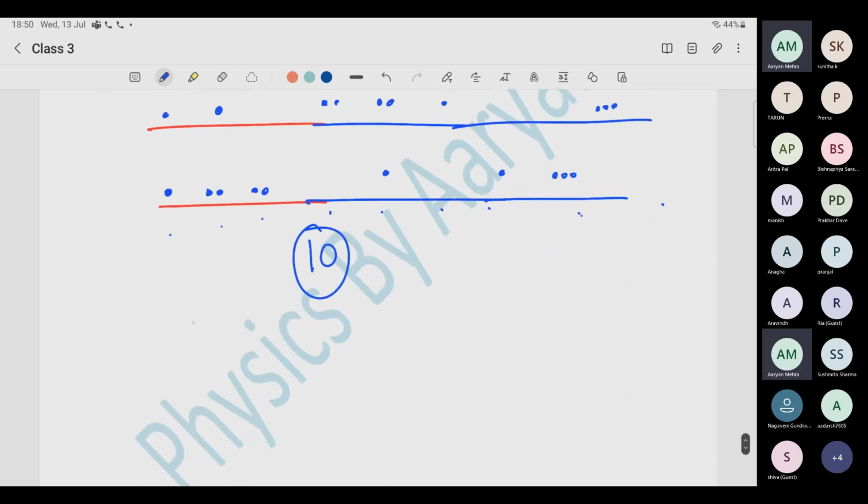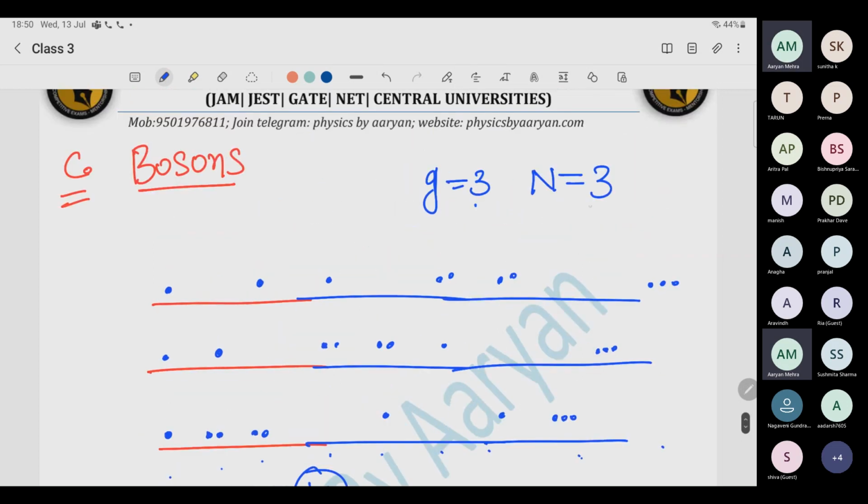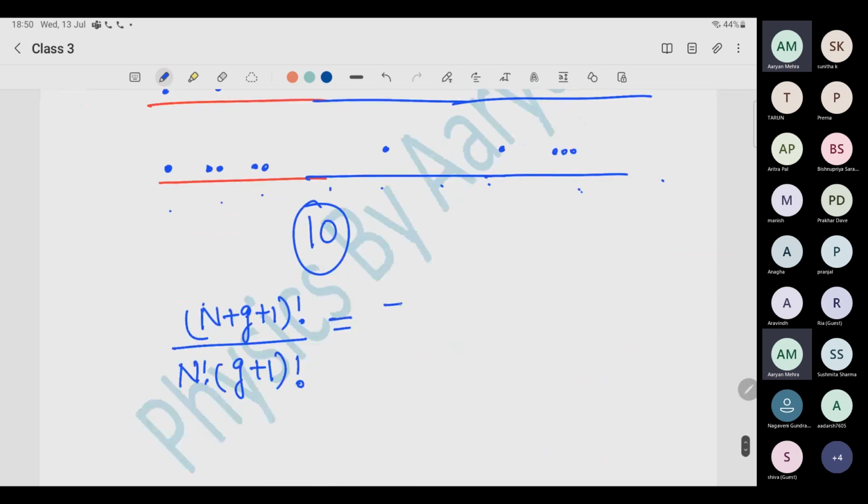Okay. And the formula is n plus g plus 1 factorial, divided by n factorial times g plus 1 factorial. So what is n plus g plus 1? 3 plus 3 plus 1 is 7. N is 3 and g plus 1 is 4. So if you do this, 7, 6, 5 and 3 into 2.